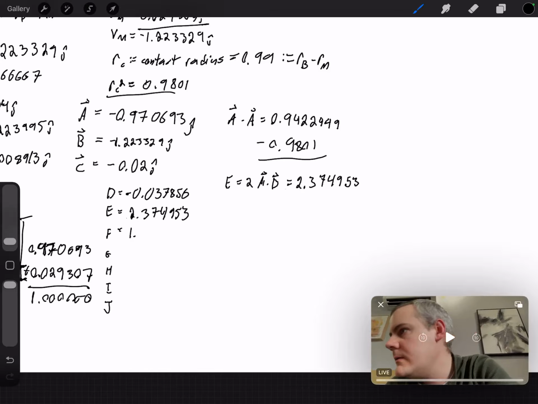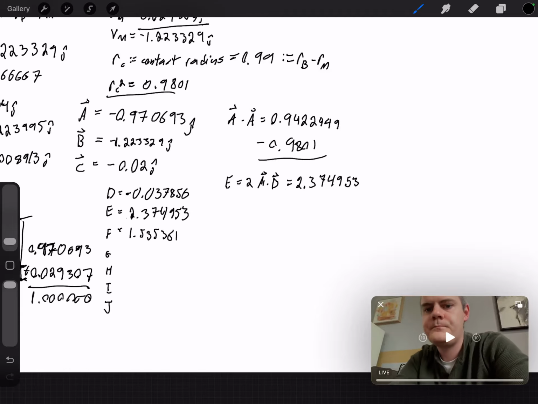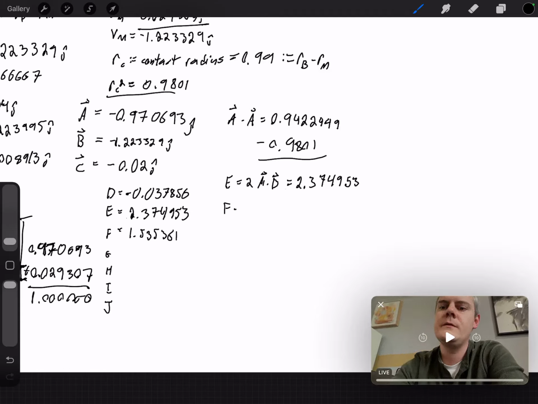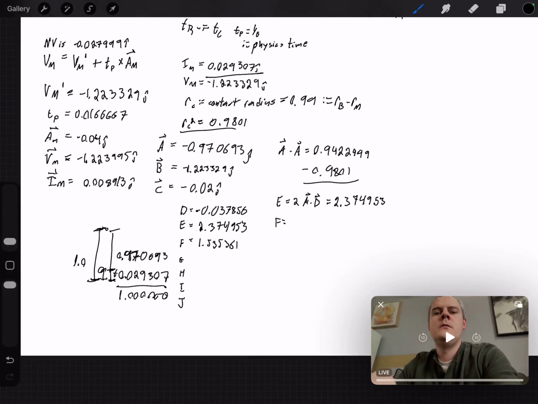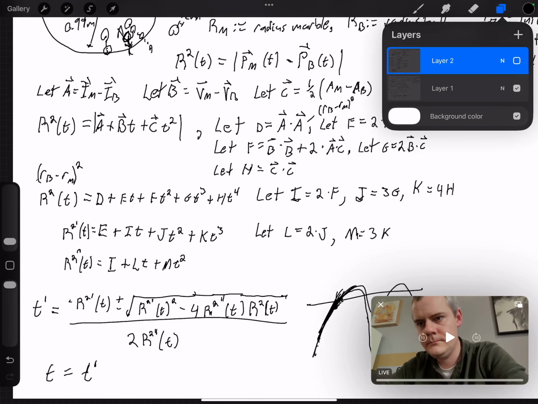F. And what was F equal to? F was on the other page. B dot B plus 2AC.